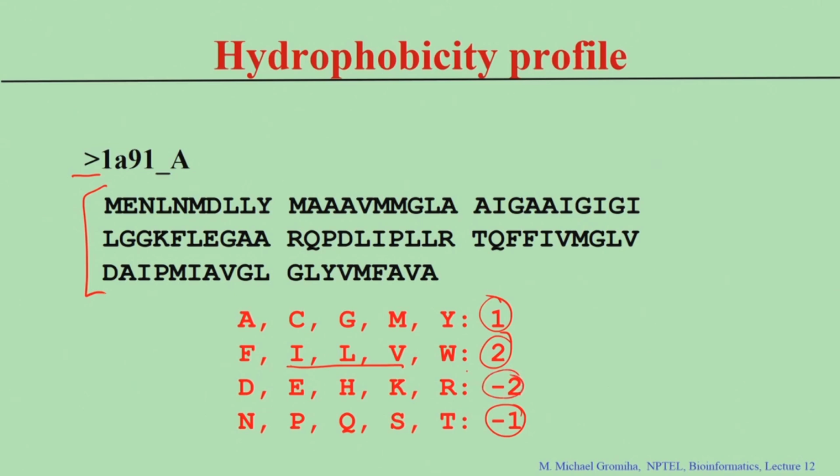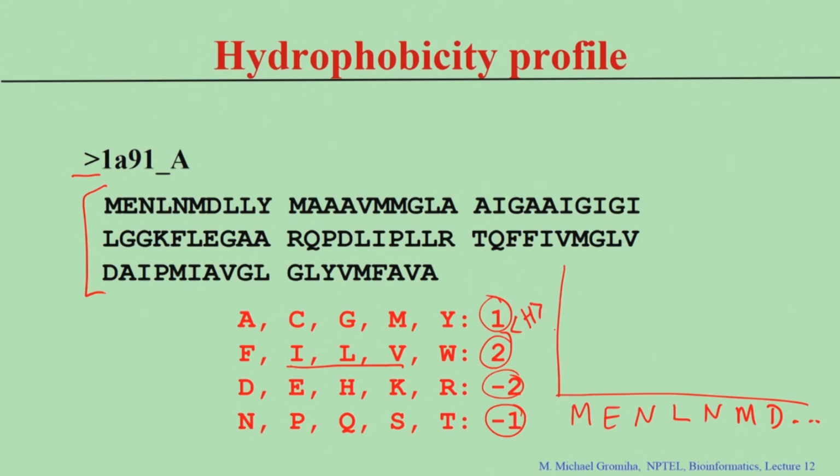Now we take the amino acid residues versus these hydrophobic indices. So, what is a hydrophobicity profile? It is a plot connecting a sequence versus the values. So, here what is the sequence? M, E, N, L, N, M, D and so on. Here we can put the hydrophobicity value. The first one is M. What is the value for M? 1.